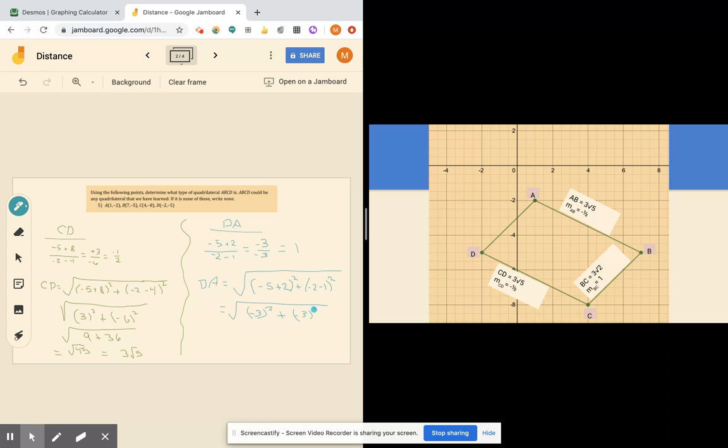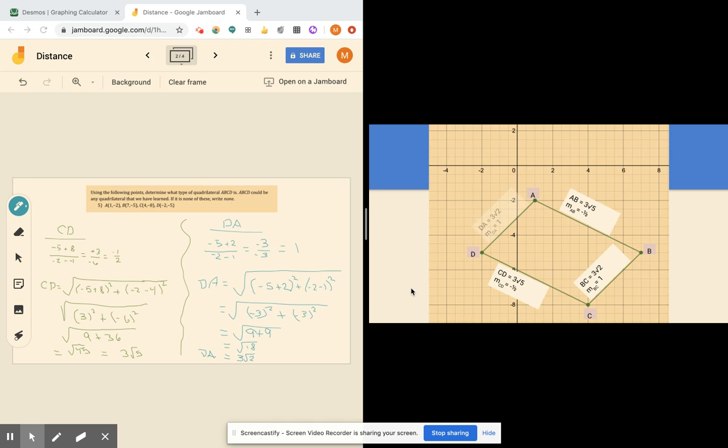Now you've seen this again somewhere, but we'll go ahead and finish it out. 9 plus 9 is equal to the square root of 18, which is equal to 3 square root 2. So DA is equal to that.